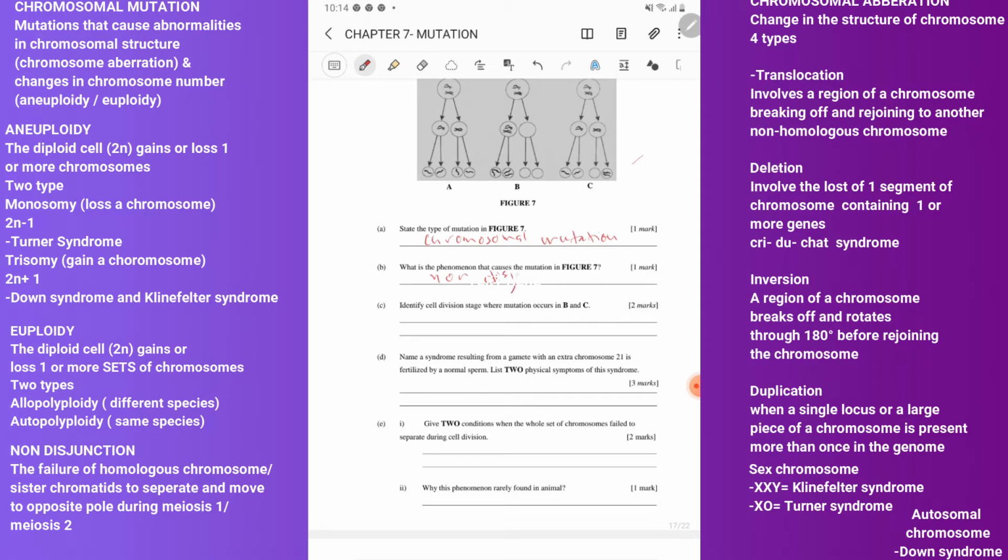What is meant by non-disjunction? The failure of homologous chromosome or sister chromatid to separate or move to opposite pole during meiosis 1 or meiosis 2. Identify the cell division stage where mutation occurs in B and C. Okay, B, because of the presence of homologous chromosome, is meiosis 1. C, of course, is meiosis 2.